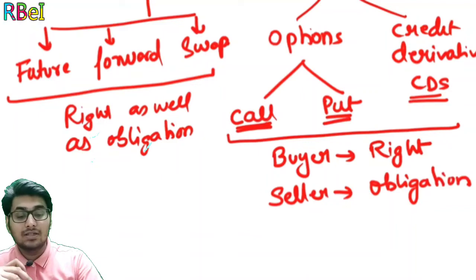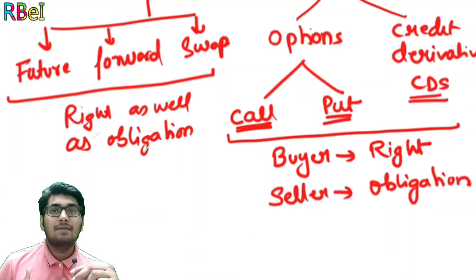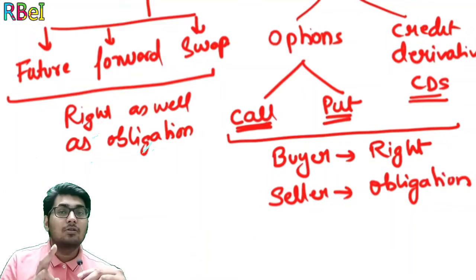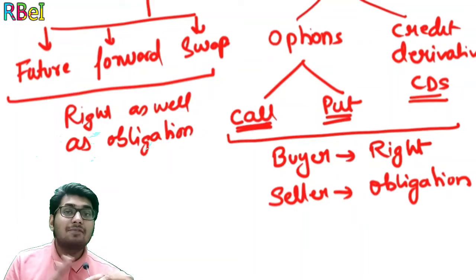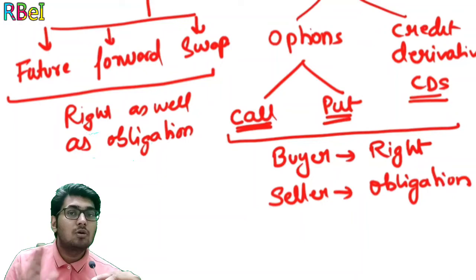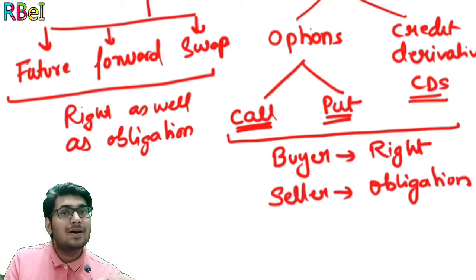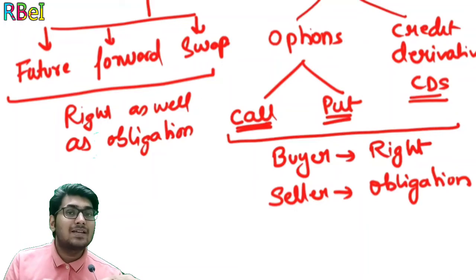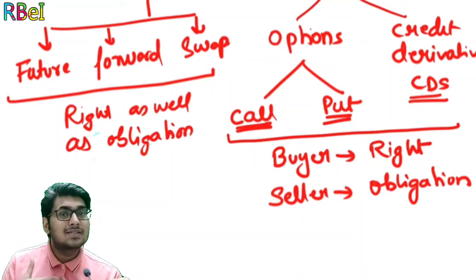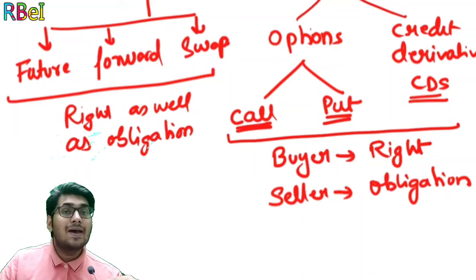Try to understand the fact. If I am a buyer and you are a seller of a call option, I said that I will buy the apple at the rate of 40 from you if the price goes above 60, otherwise I won't. So there is no obligation on me that I have to buy it. But from your perspective, suppose the price reached 45 and still I said that I want to buy apple from you.